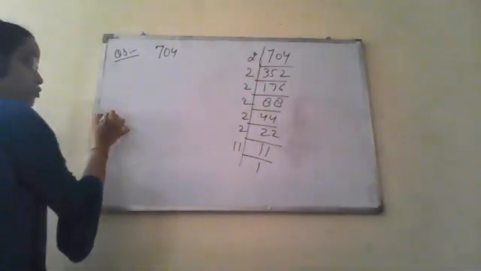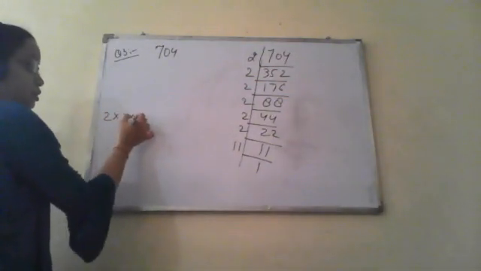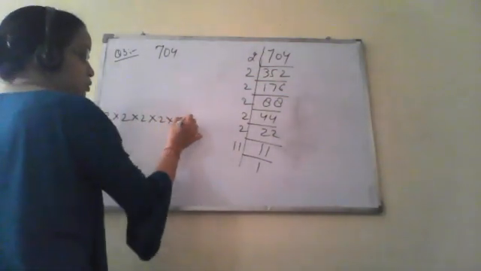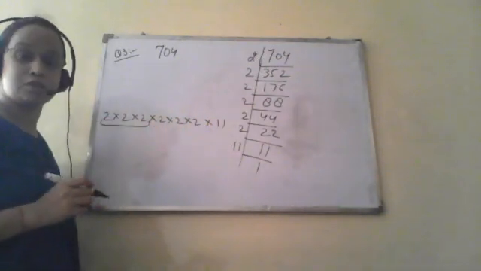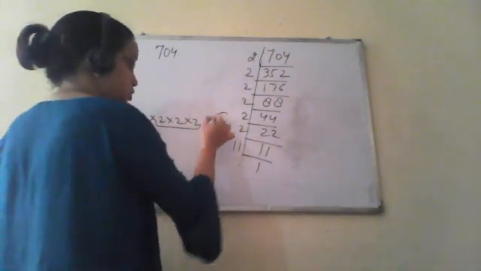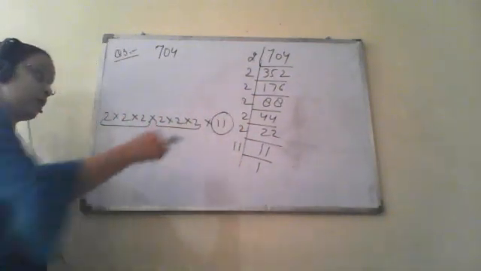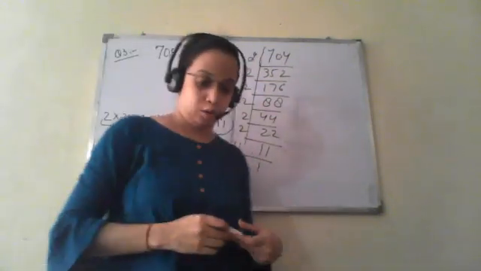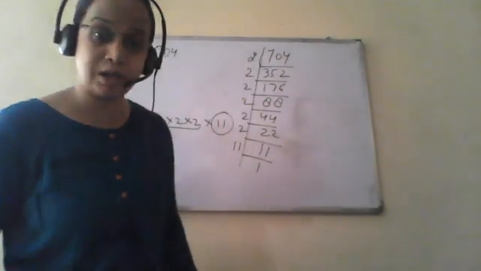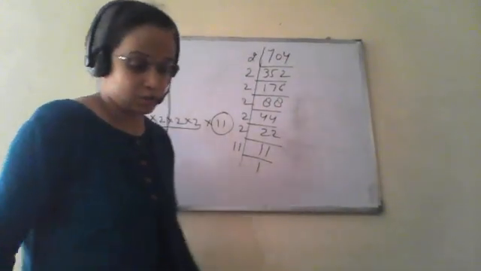So 704 can be written as 2 into 2 into 2, 2 into 2 into 2, into 11. So this triplet of 2 is complete, this triplet is complete. So what is extra? 11. So we have to divide 704 by 11 in order to make it a perfect cube. Now I hope it is clear how to solve such questions.